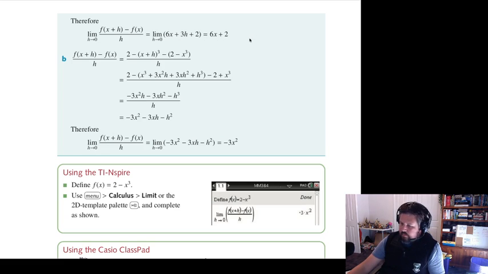Now I know people will jump up and down every year and say, Mr. Failing, why are you making us do this by first principles? We learnt all the tricks last year in year 11 to be able to do the simplification there. Yeah, it's a lot easier to use the other differentiation tools that you do know rather than first principles to get to 6x plus 2.